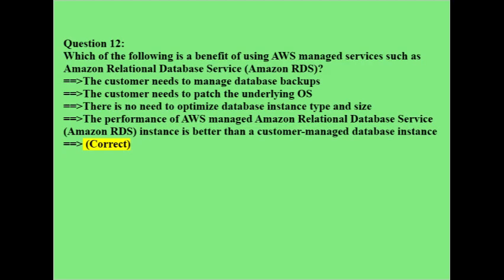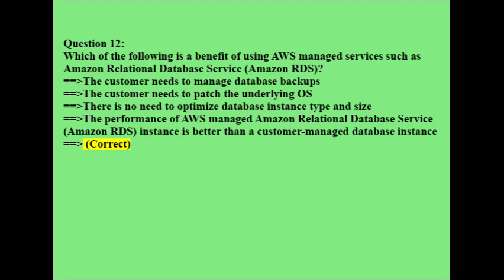Question 12. Which of the following is a benefit of using AWS managed services such as Amazon Relational Database Service, Amazon RDS? Option: the customer needs to manage database backups. Option: the customer needs to patch the underlying OS. Option: there is no need to optimize database instance type and size.